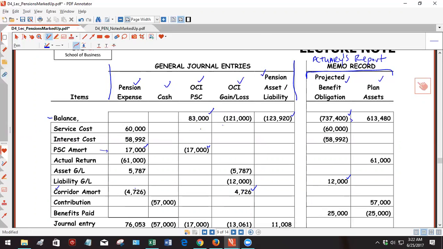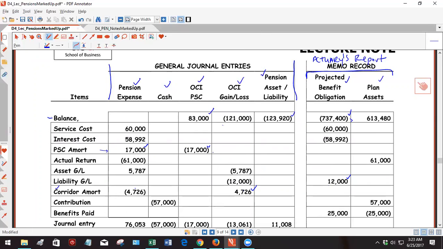All we're doing is taking this debit from stockholders' equity OCI prior service cost to a debit through pension expense and retained earnings. So it's just moving from one stockholders' equity account to another, from accumulated other comprehensive income to retained earnings. And it goes through the income statement.